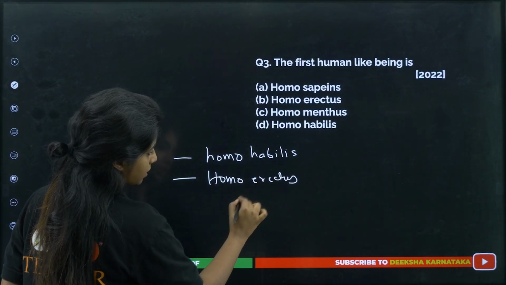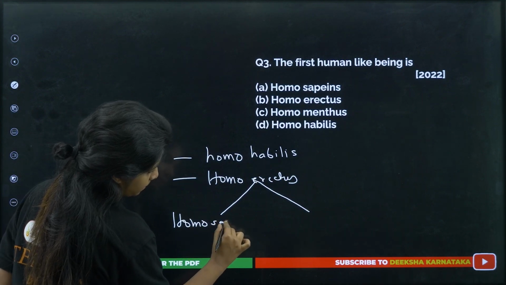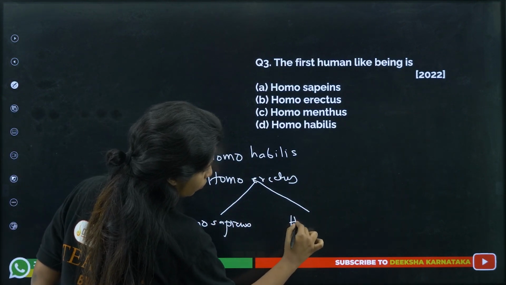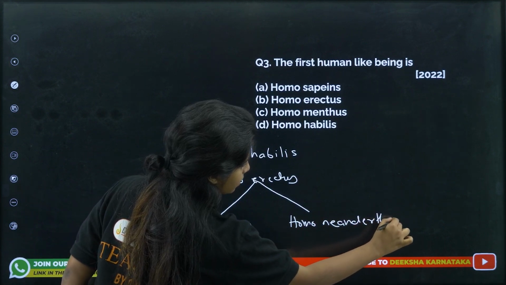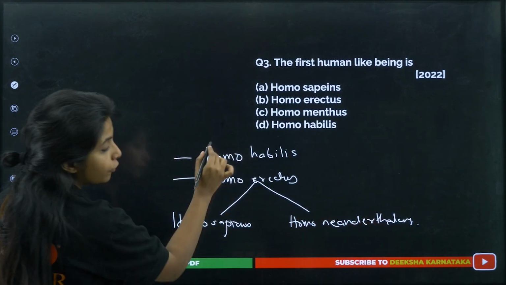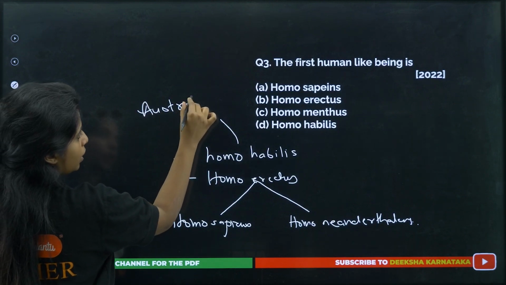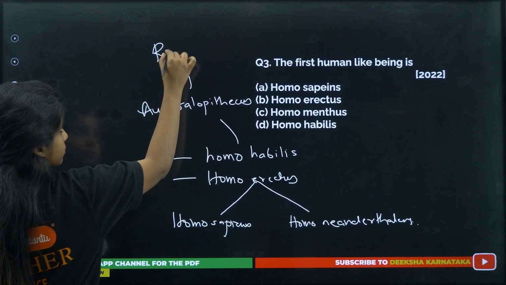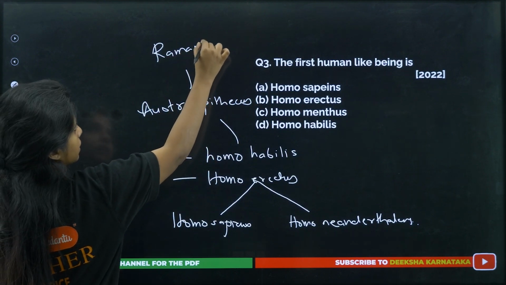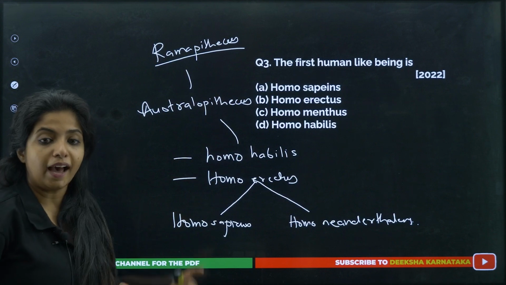From Homo erectus came Homo sapiens and then Homo neanderthalensis. And before Homo habilis, you had Australopithecus. Before that, you had Ramapithecus.